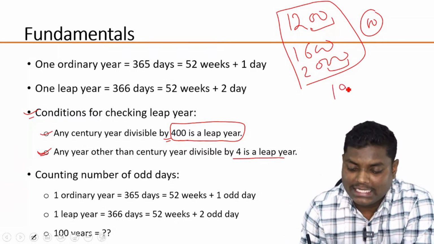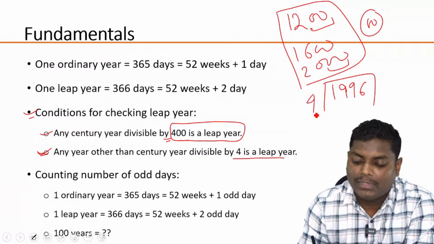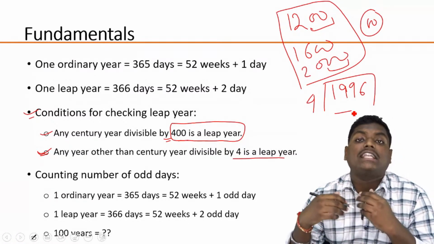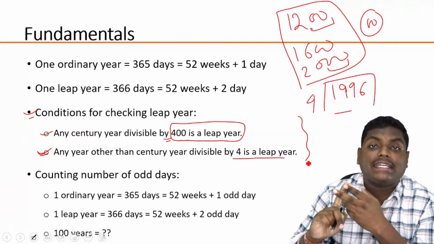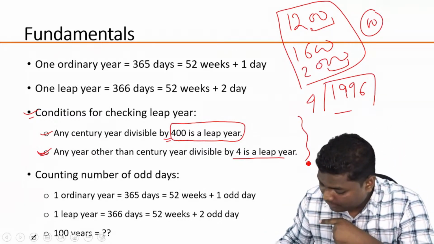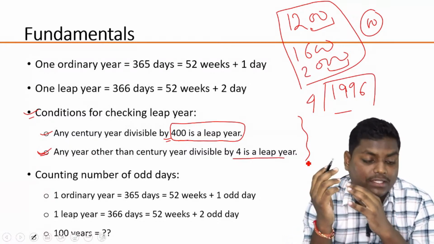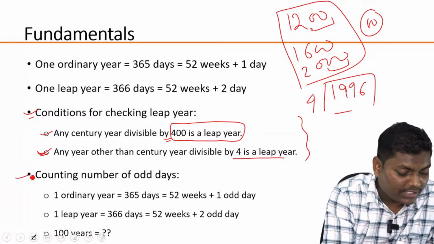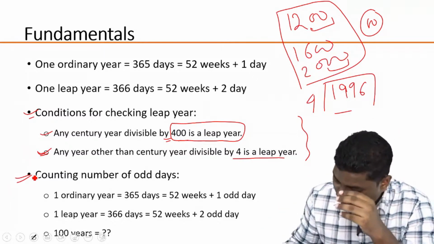For example, let's say 1996. If you take 1996 and divide it by 4, it will be completely divisible. So this is a leap year. These are the 2 criteria that we'll keep in mind when checking the leap year. Now, coming to the next important topic, that is counting the number of odd days.